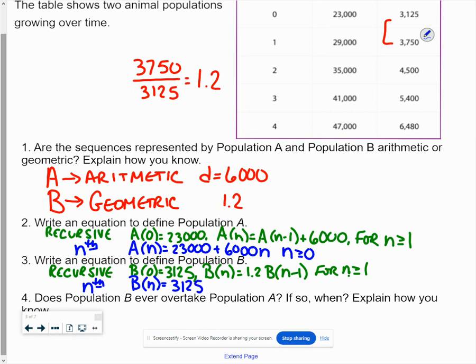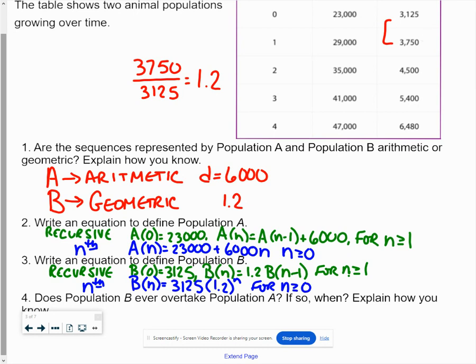And we're going to multiply that by our growth factor, which is 1.2 in this case, and the exponent on that is n. So it's just how many times do we have to multiply it by 1.2. And again, this one is going to be for n is greater than or equal to 0.